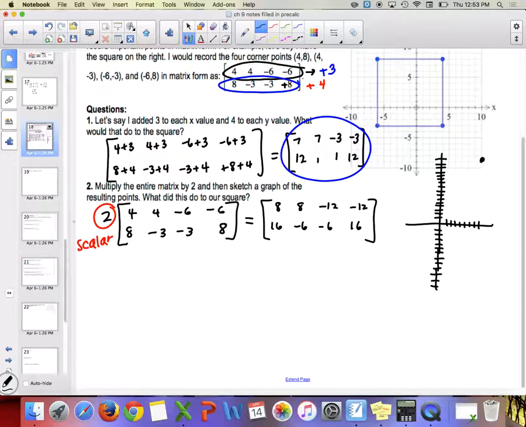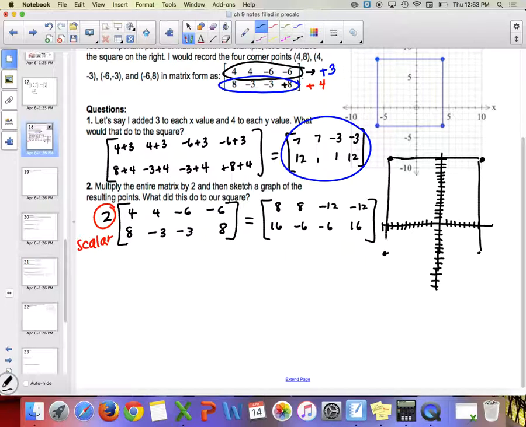And then we have 8, negative 6. And then we have negative 12, negative 6. And then we have negative 12, 16.